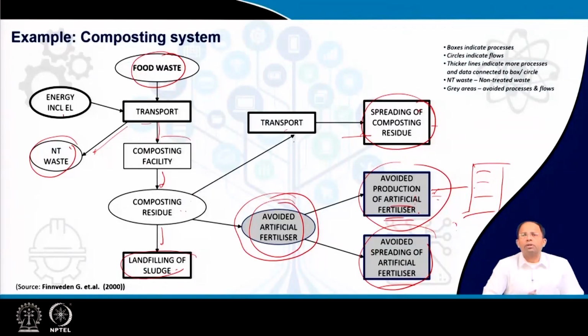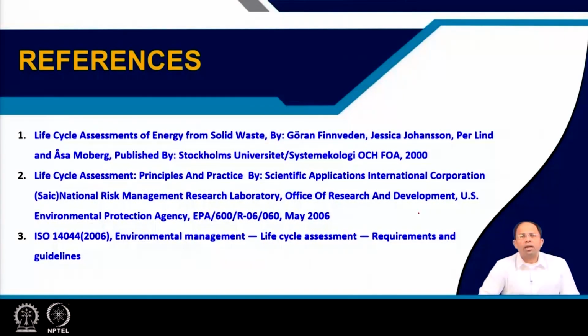So this is how we should analyze each of these aspects in much more detail compared to what we have learned earlier. Then we can take a really proper call on which process should be adopted or not. So these are some of the references that you can study.